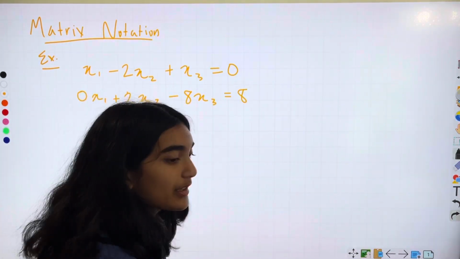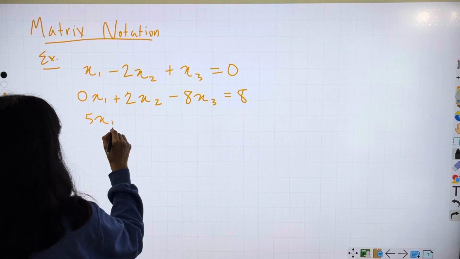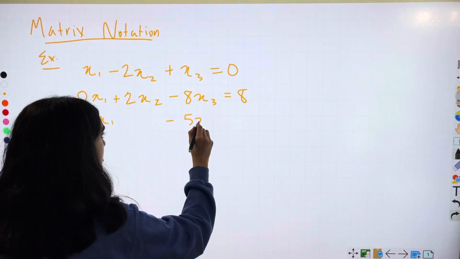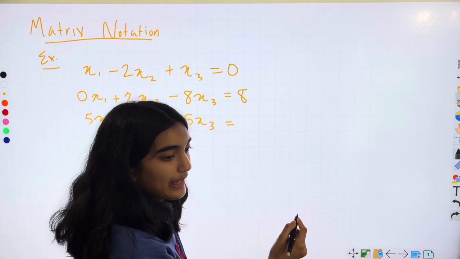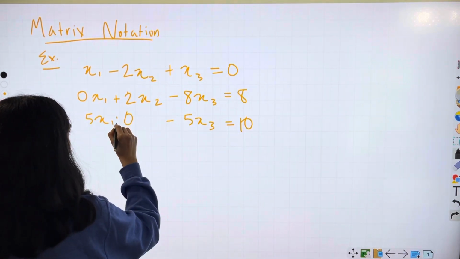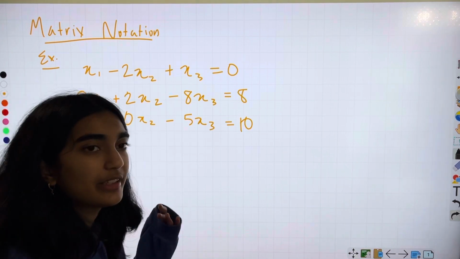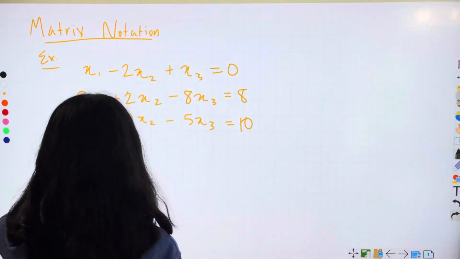That's our second equation, and our last equation is going to be 5x1 minus 5x3. Once again, we don't have a variable here, so it's just going to be a 0, plus 0x2. We didn't really need those, but for the sake of clarity I'm putting zeros here.